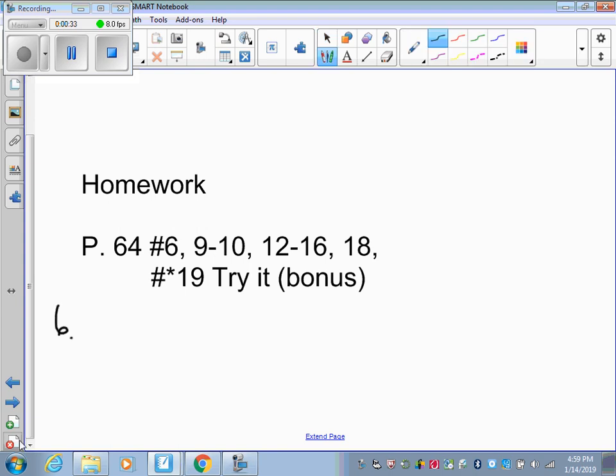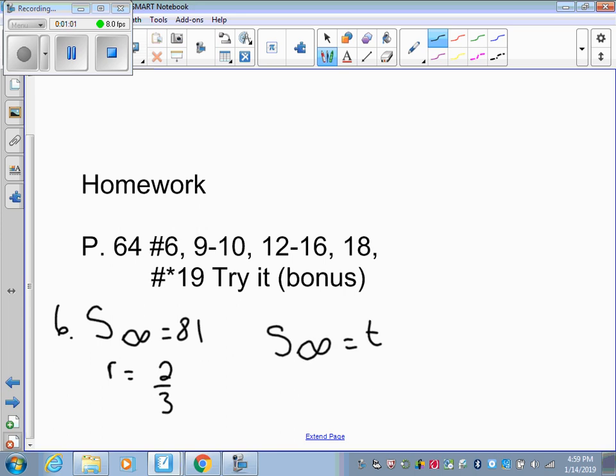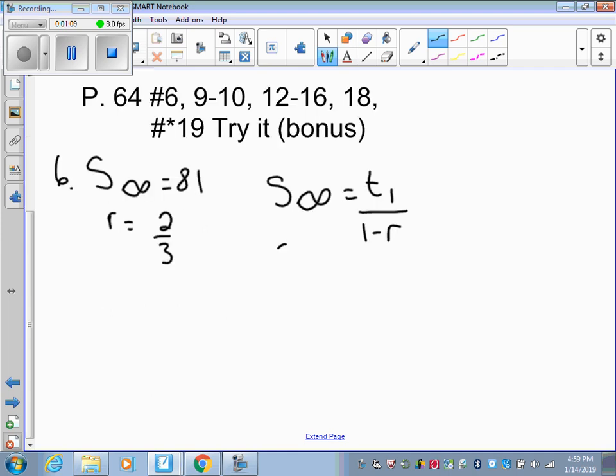So number 6, the givens that we have are the infinite sum is 81 and R is 2/3. They're asking us to solve for T1. So we need to use the formula T1 divided by 1 minus R, and then replace what we know.